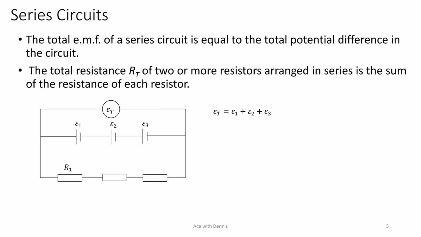Similarly, the resistors here are connected in series: R1, R2, and R3. The currents flowing through these three resistors are I1, I2, and I3. Since they are connected in series, all these currents have the same amount. Therefore, I1 equals I2 equals I3, which is also I.